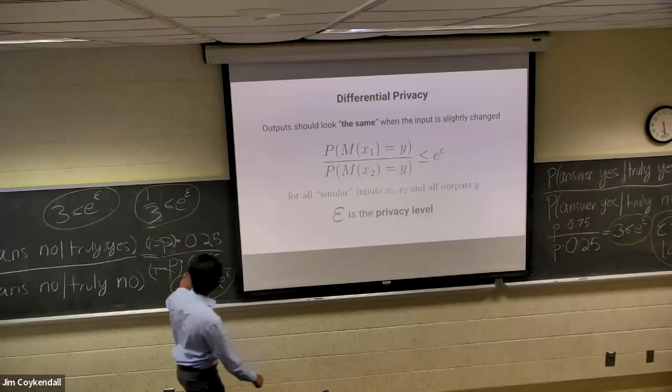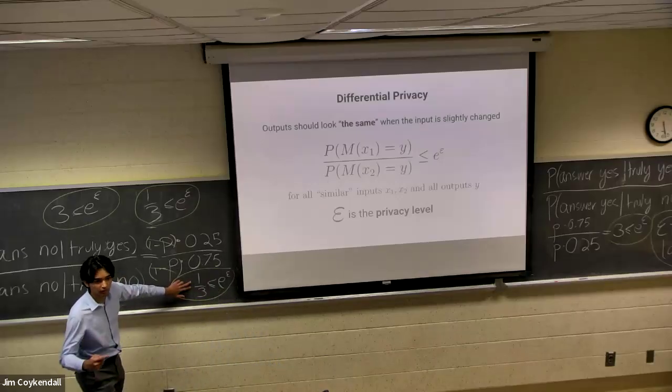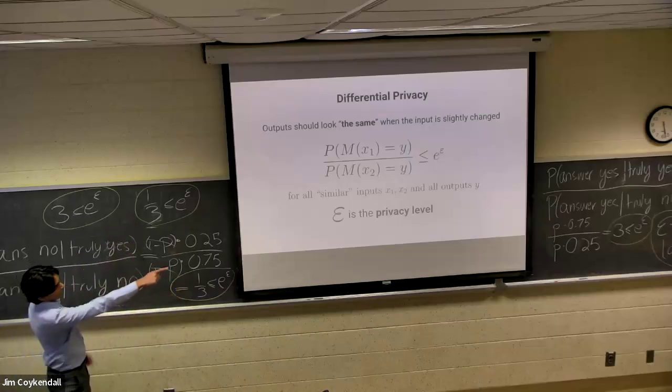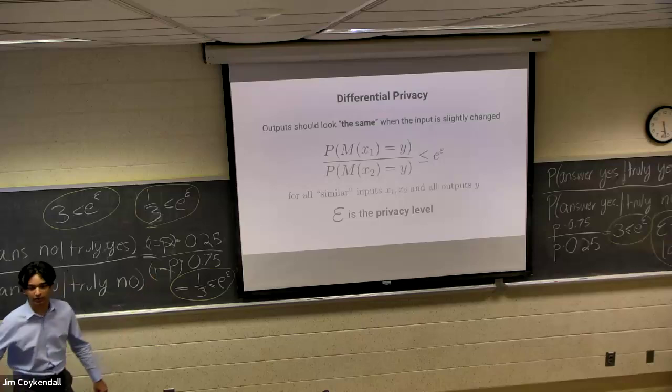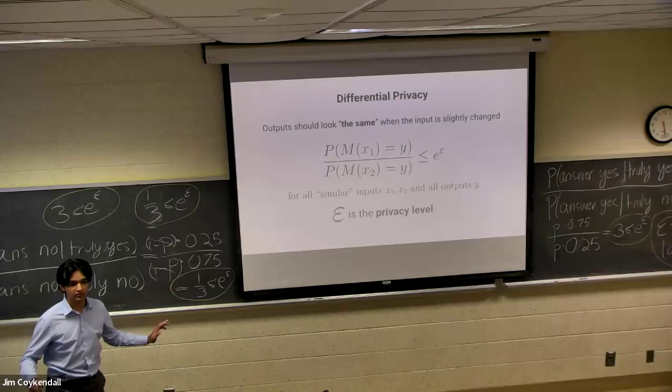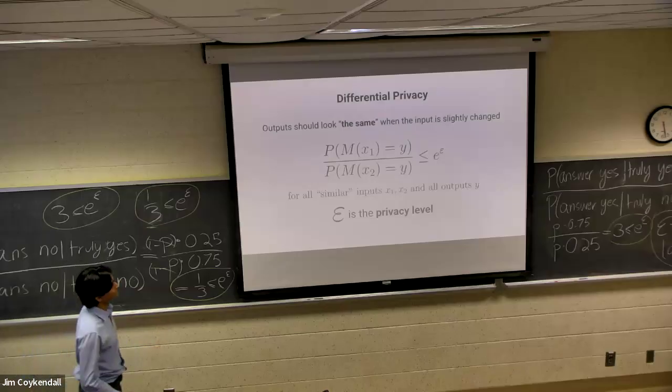So if we had one of these ratios that was less than 1, we also have to upper bound 1 over that ratio. So always epsilon has to be greater than or equal to 0. And when it's 0, you get perfect privacy, but it's useless.